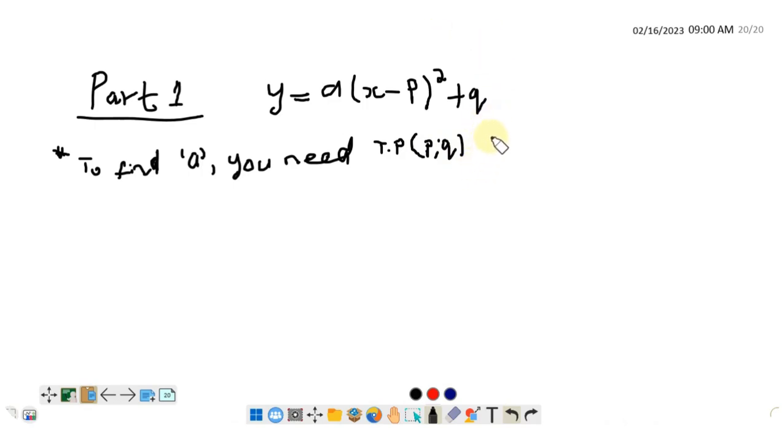And if you have p and q and need to solve for a, you also need one more known point on the graph, so that you can put in x and y, so that a becomes the only unknown.